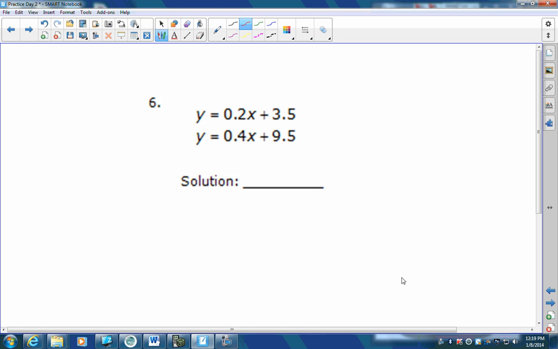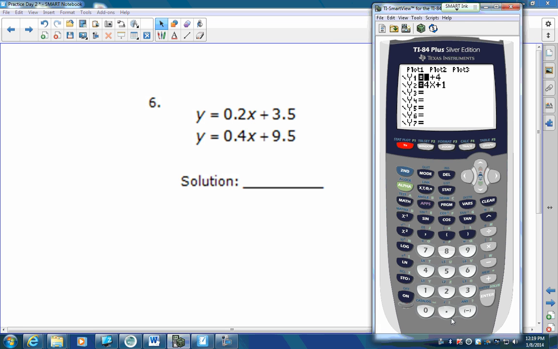All right, so look at number 6. Are these two lines going to be parallel? No, because these slopes are not the same. It's 0.2 and 0.4. They're going to be rather close, though. So let's go in there and put in 0.2x plus 3.5 and 0.4x plus 9.5.